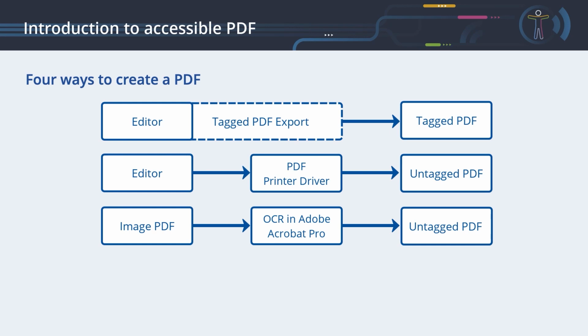Using an optical character recognition, which is, for example, built into Adobe Acrobat Pro, we can convert images of text into text. Optical character recognition, which is often shortened to OCR, is a technology that converts different types of documents, such as scanned paper documents or images captured by a digital camera, into editable and searchable text data.